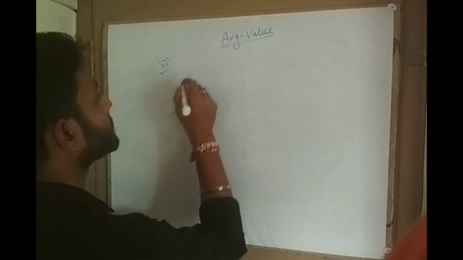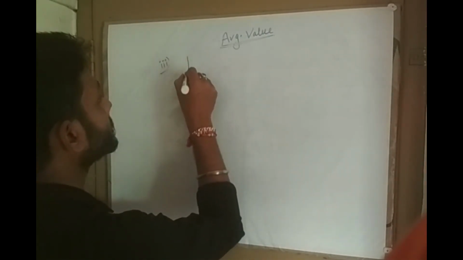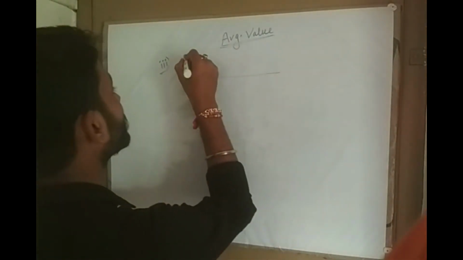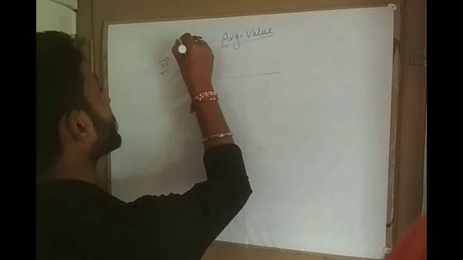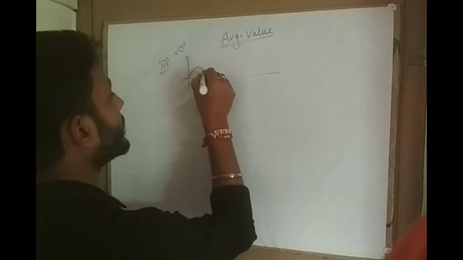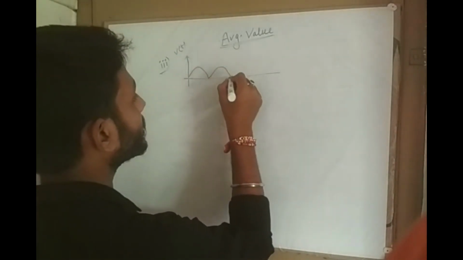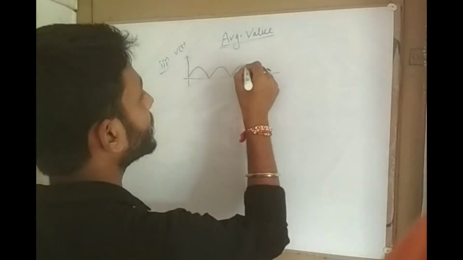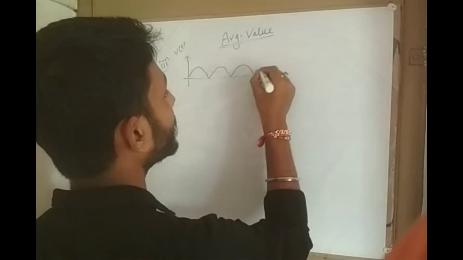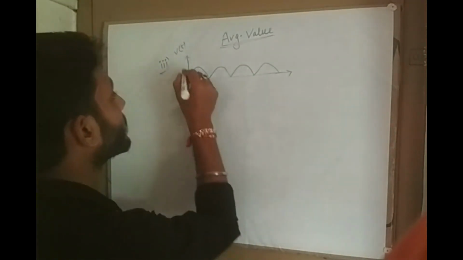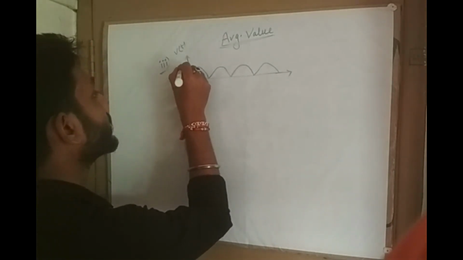Now third one. If the signal V of t is given in terms of full wave rectifier output, this is Vm.